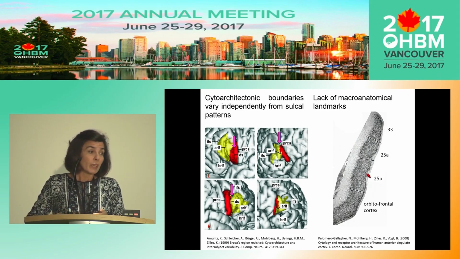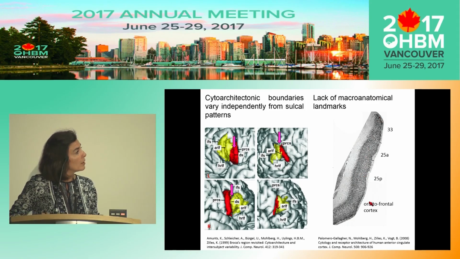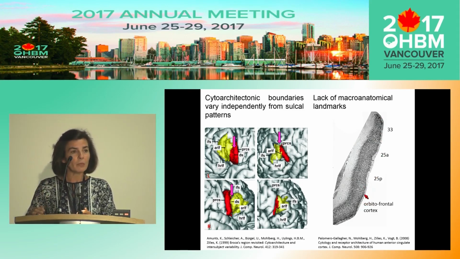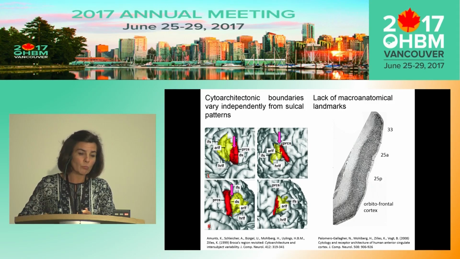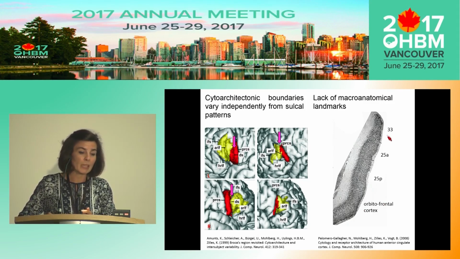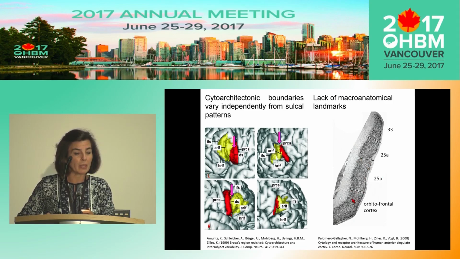Again, cases in which macroscopical landmarks just don't exist would be this example here, showing the subgenual cortex, the medial surface of the hemisphere below the corpus callosum. Here you have absolutely no sulcus which identifies the borders between Brodmann's area 33 or subdivisions of his area 25P and the orbitofrontal cortex.